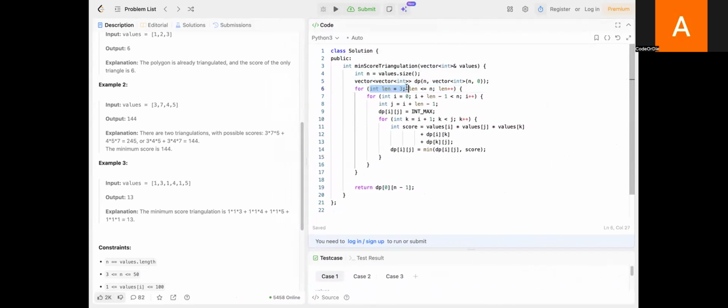Now I start with length is equal to 3, which will go up till length is equal to n. This is my starting index, i is equal to 0, i plus len minus 1 less than n. I think this is very easy to understand, because if you are at 0 and the length of the polygon is 3, you will go from 0 to 0 plus 3 minus 1, 2.